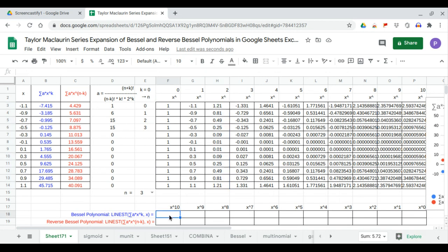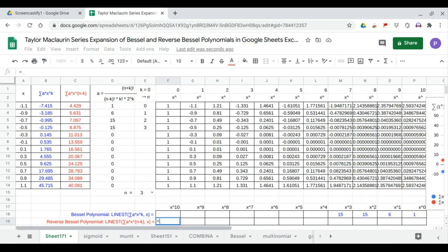Now that we have the 1 comma x matrix, we can enter LINEST. So LINEST data y and data x. You avoid the x to the 0. Enter. So you have the coefficients 15, 15, 6, 1.